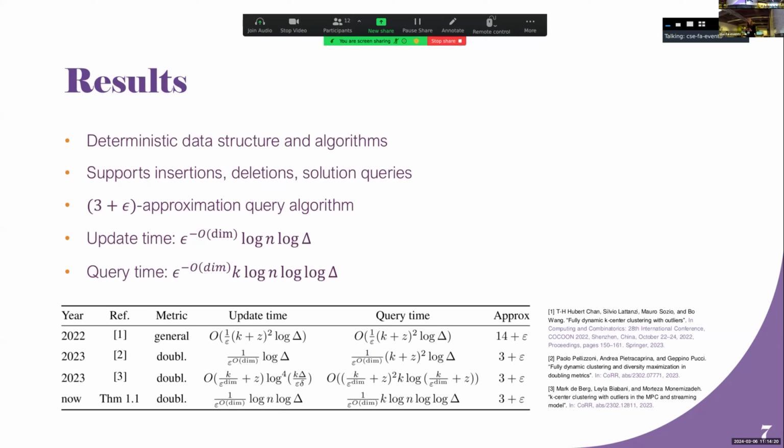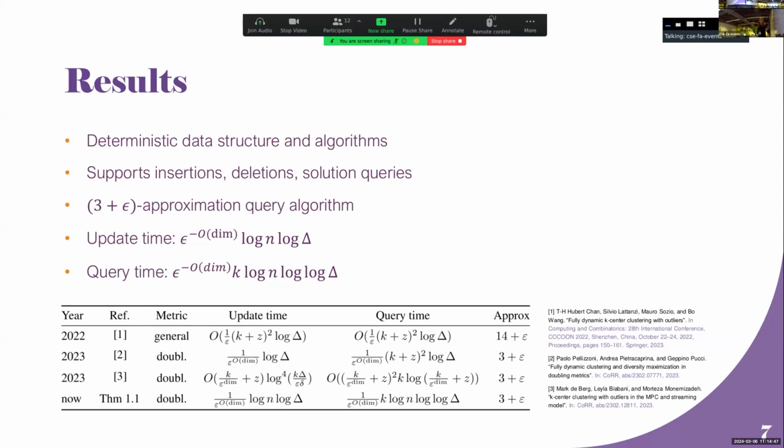Okay, so an overview of our results is that we can deterministically maintain some data structure that allows for insertions and deletions, and we also give a deterministic algorithm for performing these solution queries, meaning that we can output the set of centers at any time, and it is guaranteed to give us a 3 plus epsilon approximation.